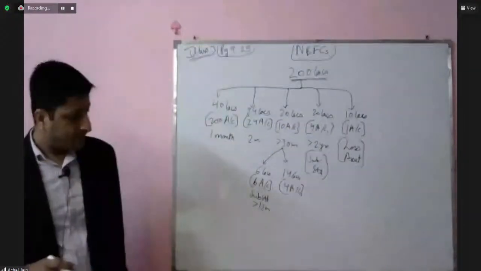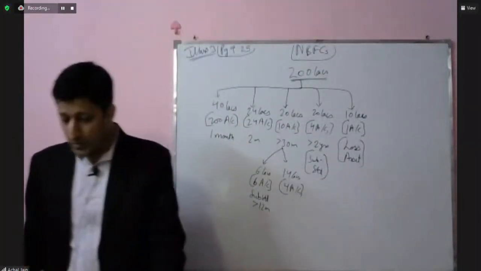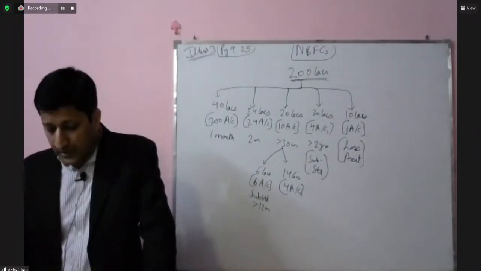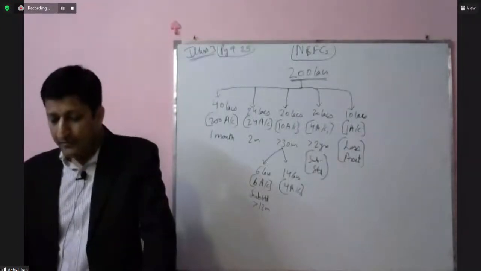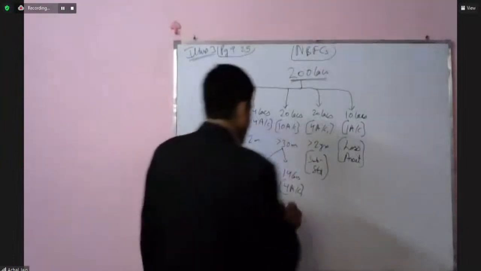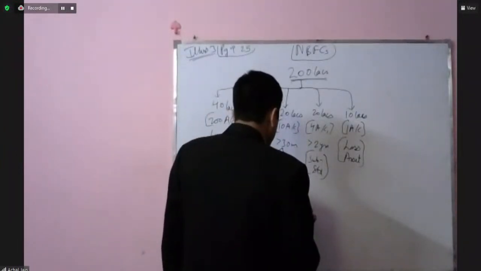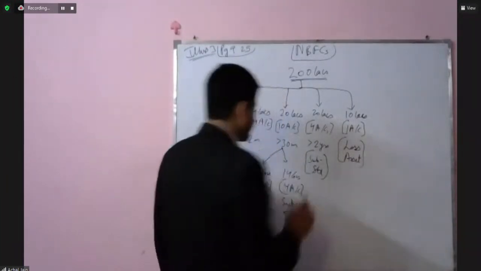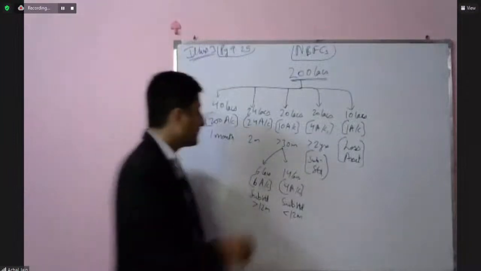And the others are identified as substandard for a period of less than 12 months. So these are substandard for less than 12 months. Okay.